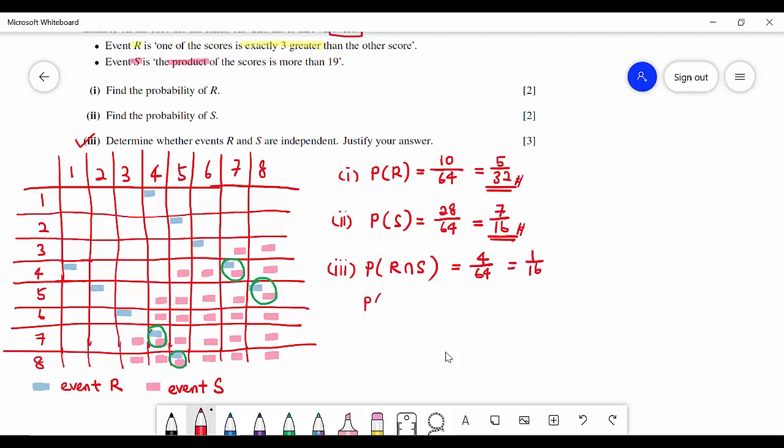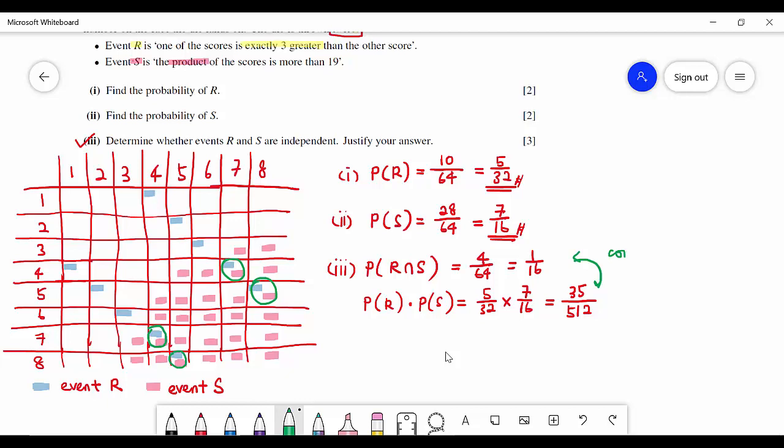And secondly, you need to find out the answer for the probability of R multiplied with the probability of S. Since you already got the answers just now in the first part and the second part, you just multiply them straight away and you will get 35 over 512. To decide whether R and S are independent events or not, you have to compare these two values.